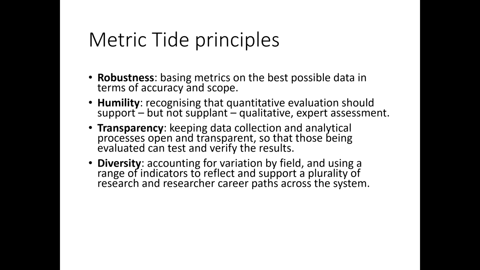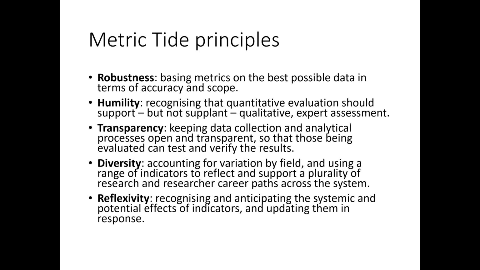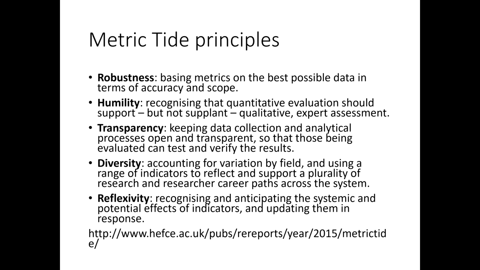So this might include multiple altmetrics. Reflexivity, recognizing that as soon as you start to measure people, their behavior will change. So any type of evaluation system using indicators is likely to impact on those that are assessed. And the full report is here.